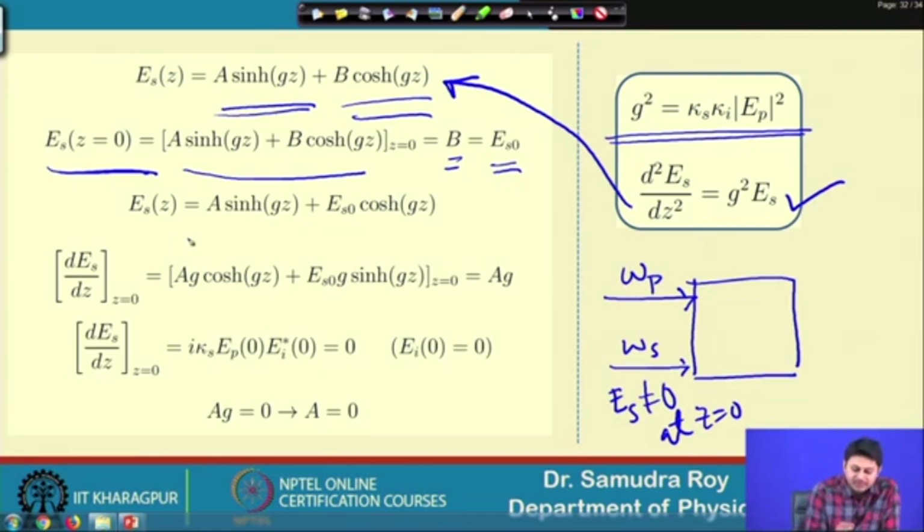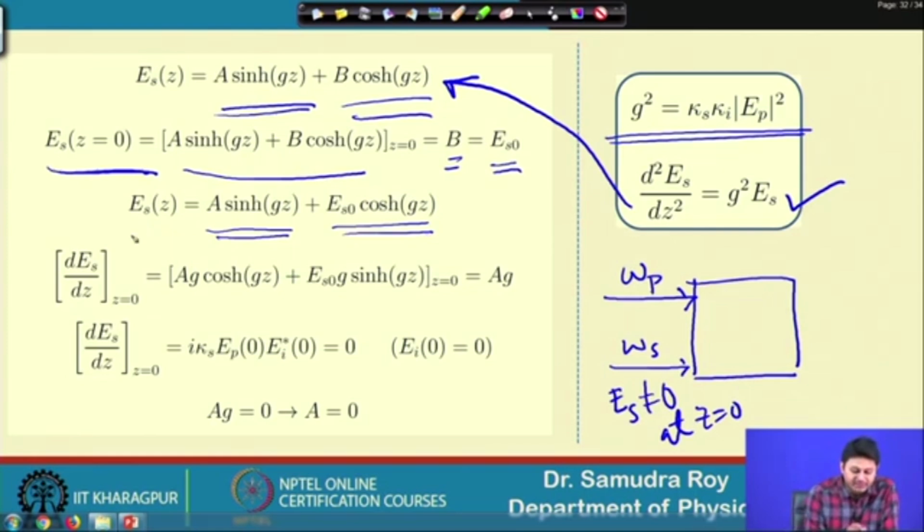If now I put this value of B, Es becomes A sinh of Gz plus Es0 cosh of Gz. I just replace B with Es0. Next, the similar process we will use to find out the value of A. So, we will make a derivative.